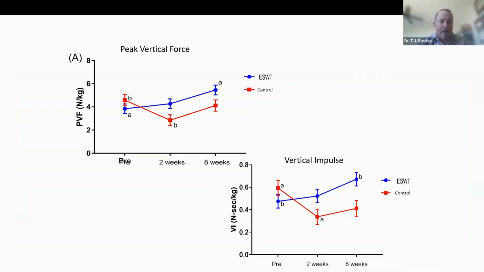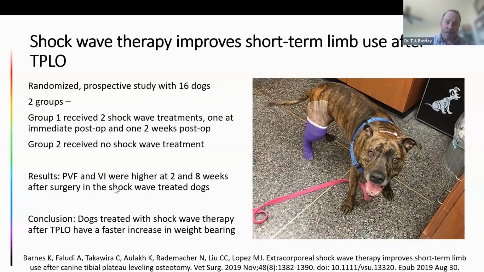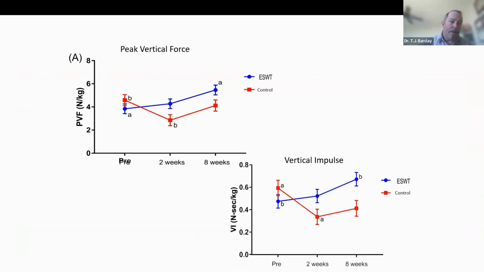This is a couple of the force plate graphs from that study, and in these, the shockwave treated group is depicted in blue, and you can see that they showed improvements in peak vertical force and vertical impulse.